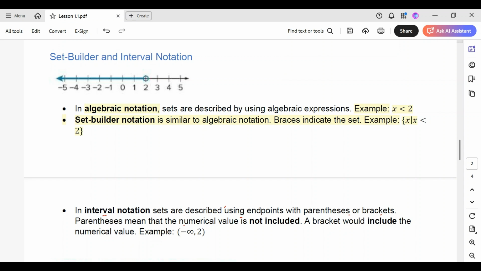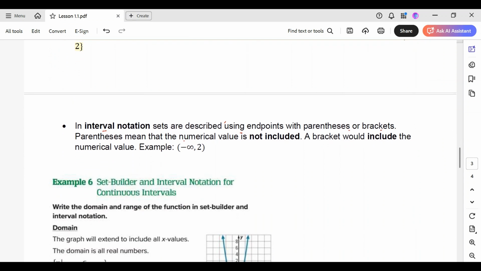When we go to interval notation, that is just your boundaries. If I'm going to use parentheses, it means that the numerical value is not included. If I use a bracket, it means you're including the value.